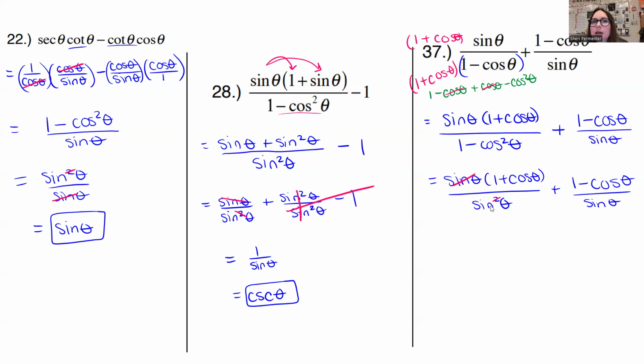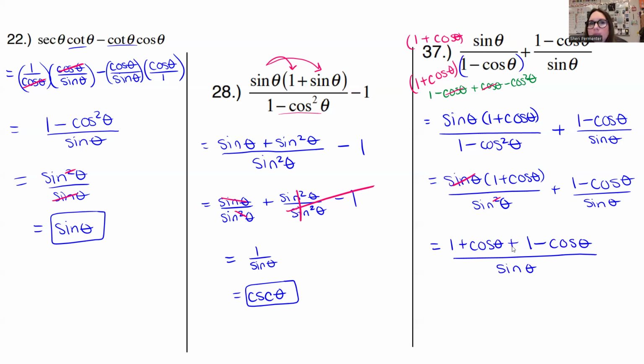And when I do that, do I have like denominators? Yeah, so let's put the top together. I know that there's not a whole lot of room for these steps. So I end up with 1 plus cosine plus 1 minus cosine all over the same denominator, which is sine.